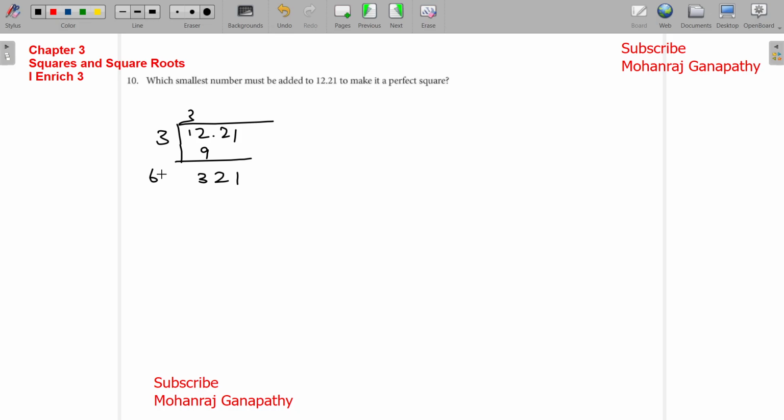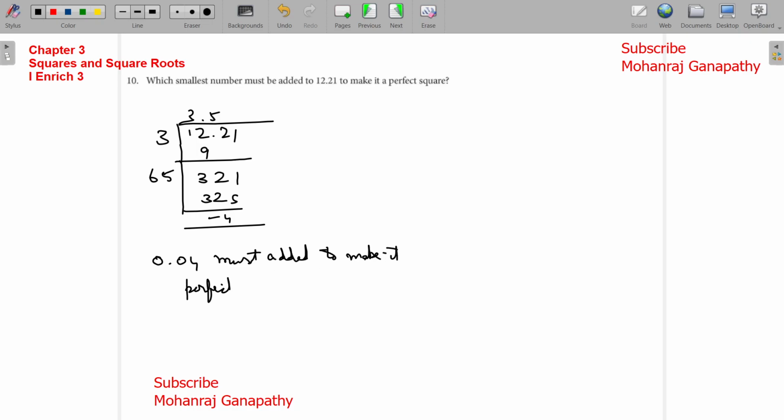Which smaller number must be added? 5. 5 5s are 25. 30 32 minus 4. So we need to add 0.04 to make it a perfect square.